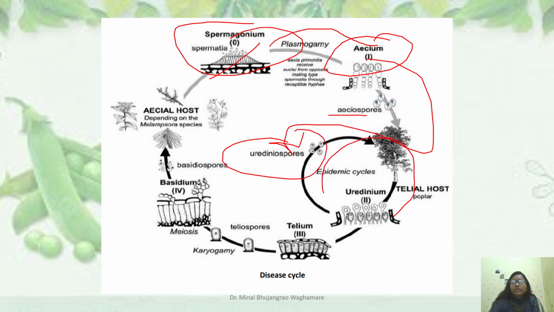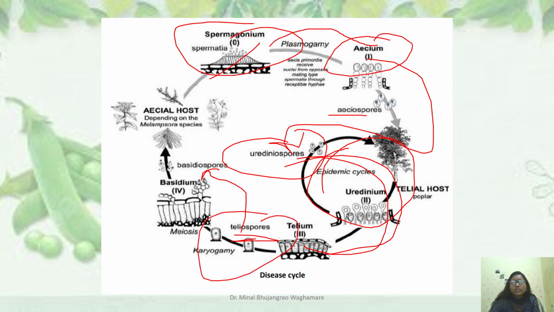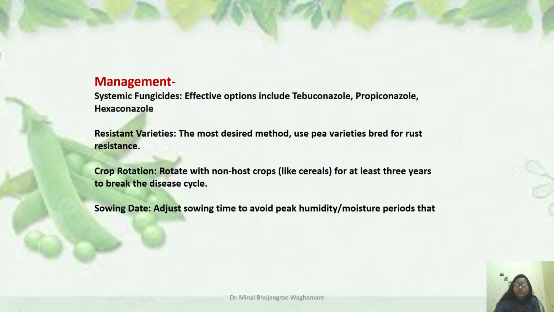It can continue the life cycle without depending on the other four stages, and it further goes for the formation of the teliospores. This teliospore, after germinating, leads to the basidiospore. This teliospore is a resting spore. It can rest inside the soil in unfavorable conditions, and uredospore is a repetitive spore. After basidiospore, again this life cycle continues and leads to the pycnospore.